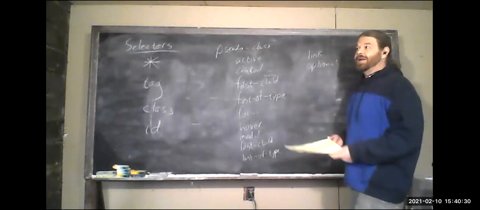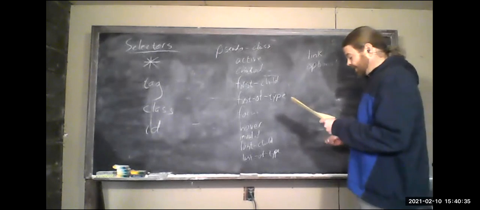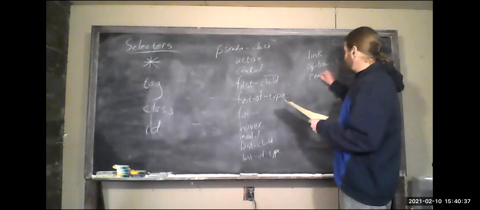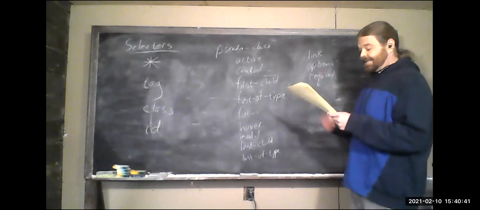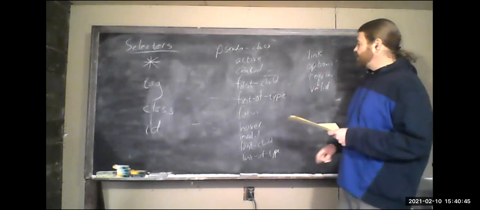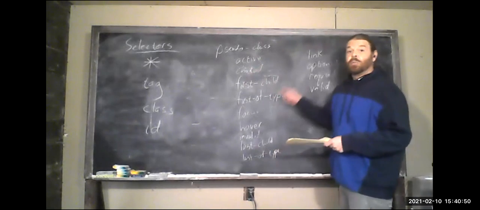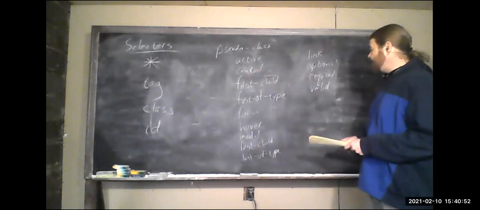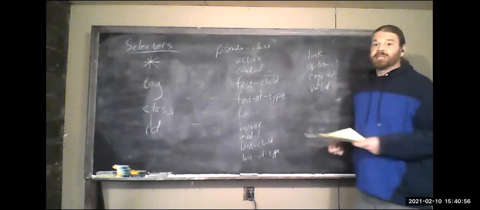And you can tell from looking at it which boxes don't have to be filled in. Optional or required. I just wanted to add those to the list to help make sense of these pseudo classes, the different things that can happen to the elements we put on a page. We can style them differently depending on that. But again, this validation stuff, we won't really see that this semester.